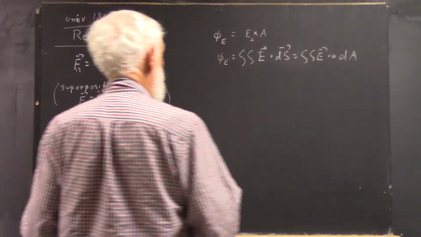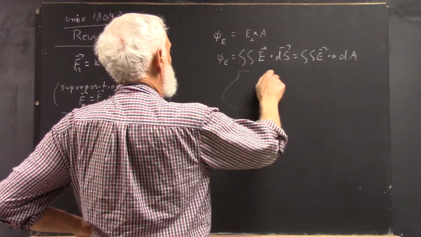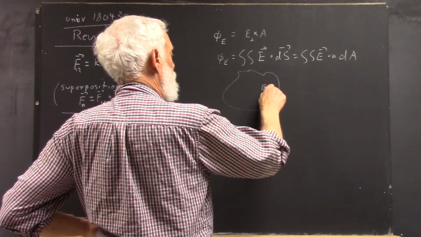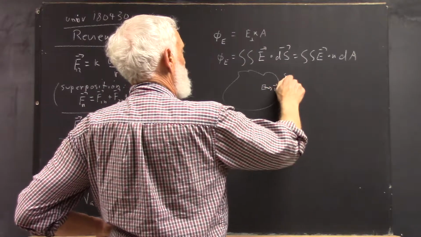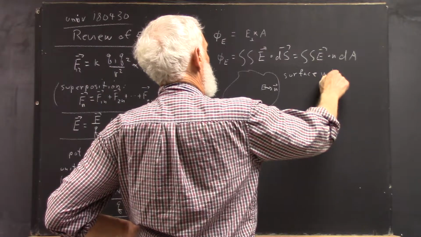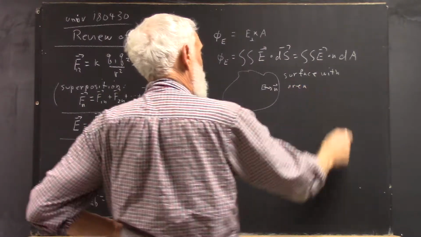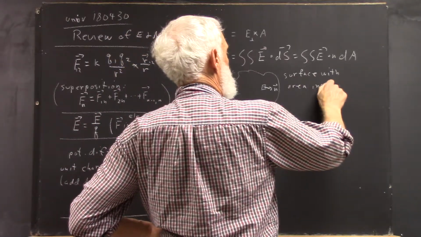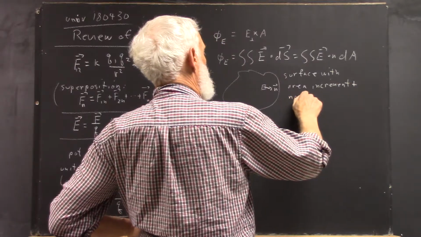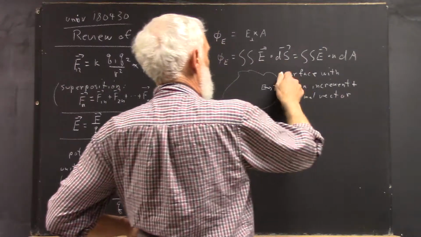So your picture is simply that if you've got a surface here with a surface element and a normal vector, so there's a surface with an area increment and a normal vector at some point on the surface.